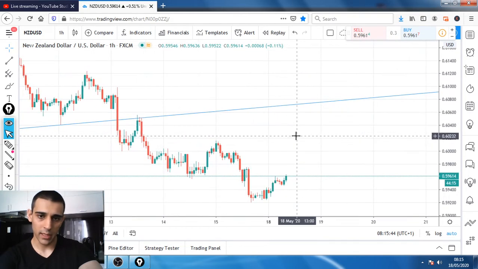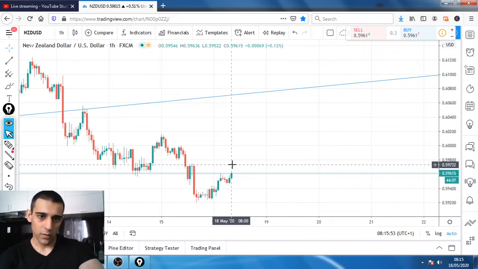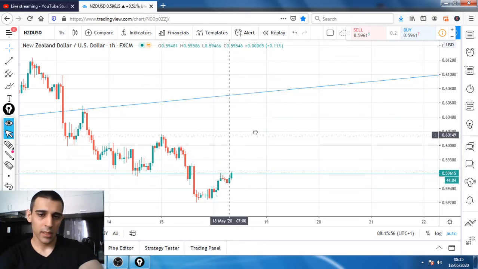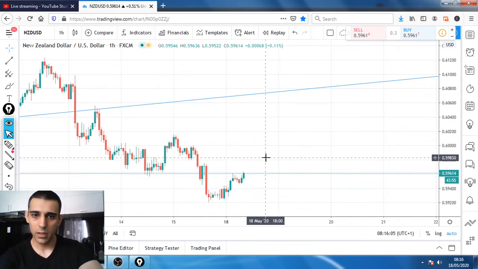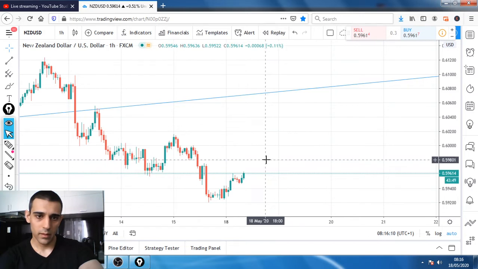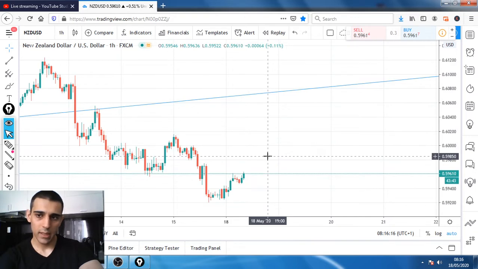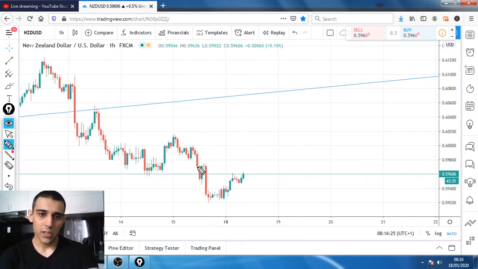However, on the 1-hourly time frame, this area looks good as our entry. The zone is 59.70, and let's see what we can do with the stop loss. 10 pips is too tight, so we'll be looking at a 15 or 20 pip stop loss. So the potential entry is going to be up to this level.